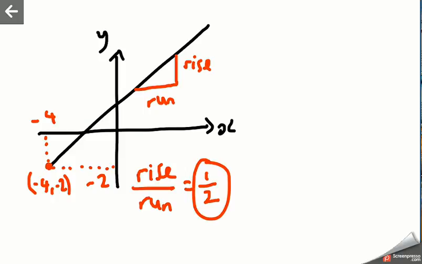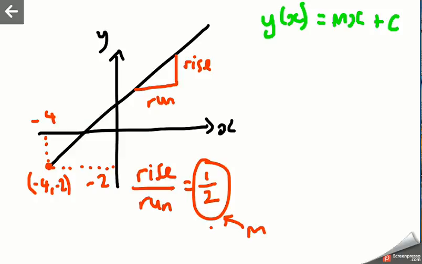That's enough to get the equation of the line very easily. That's enough to get the function for which the line is a graph, because I know that since it's a line, my function takes the form y of x equals mx plus c. And I also know that m is equal to 1/2, because this is m.